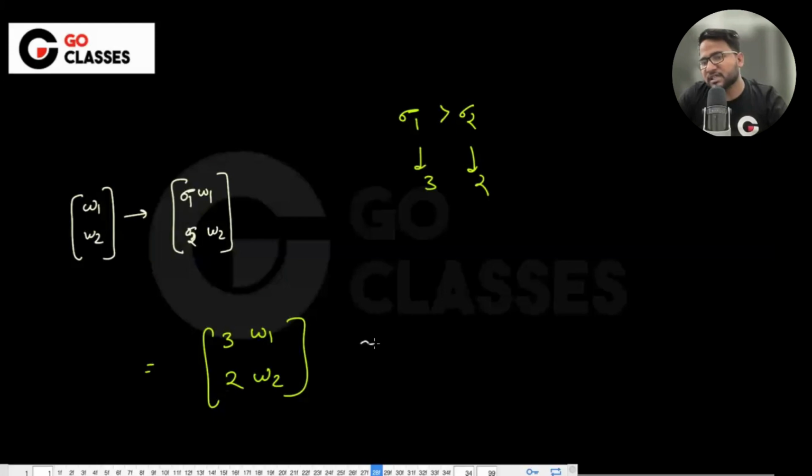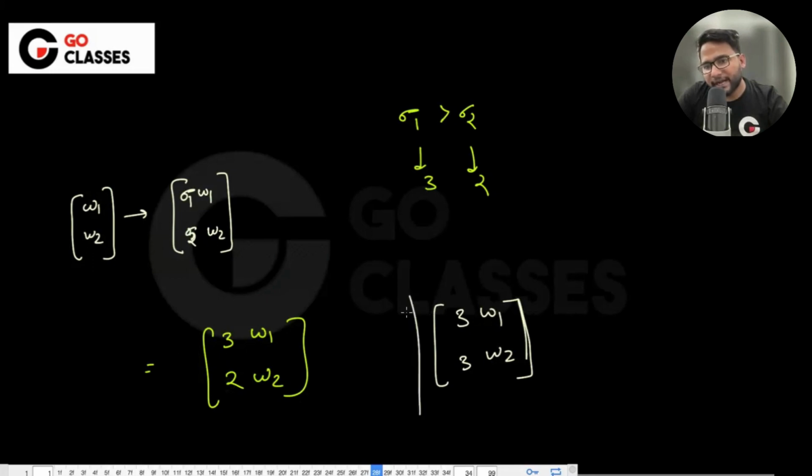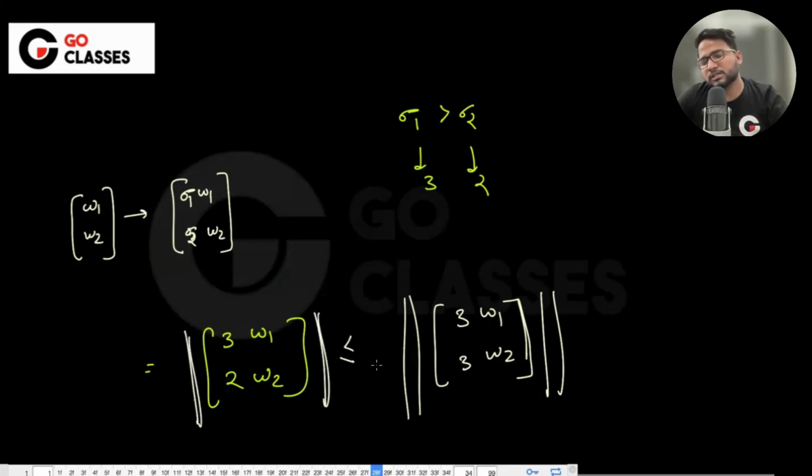Basically I want to say something like this. See, if this is also 3, then you can say at most this could be 3. So basically the length of this is obviously greater if you're multiplying by 3, right? Is this okay to everyone?